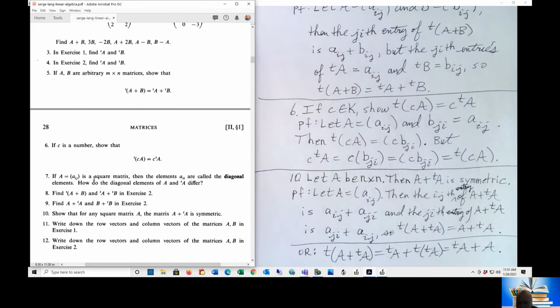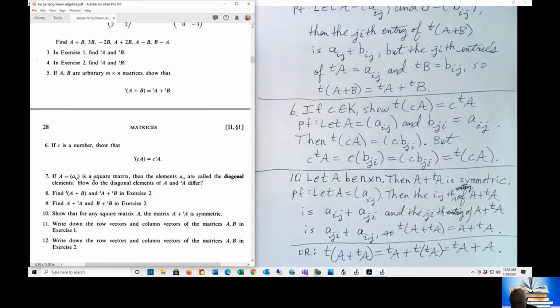So the transpose of A plus transpose A equals A plus transpose A. That is, the transpose of A plus transpose A equals itself, namely A plus transpose A. Or look at the bottom there.